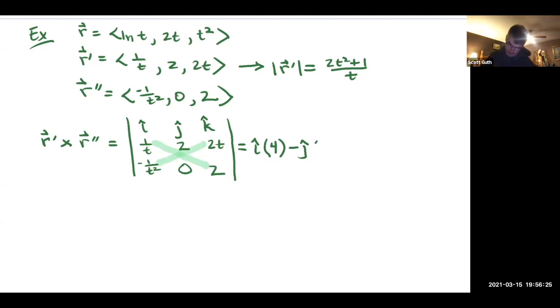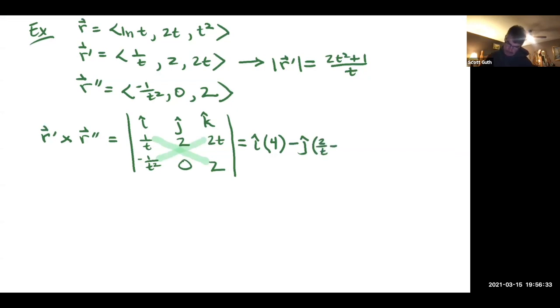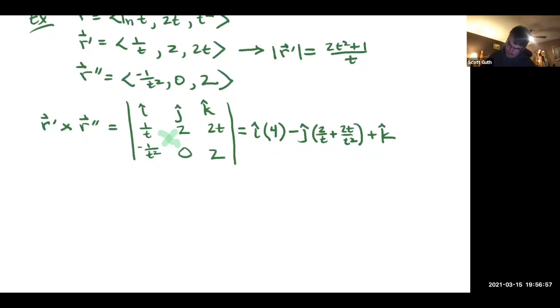See, what did I say? 2 over t minus, there's a double negative. So plus 2t over t squared. And then plus k hat. And on that, I'm doing this one, and it looks like just 0 minus negative 2 over t squared. So it's going to be just 2 over t squared.